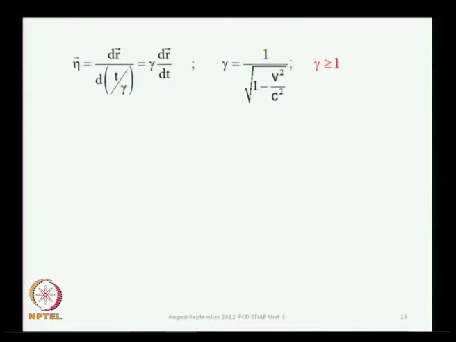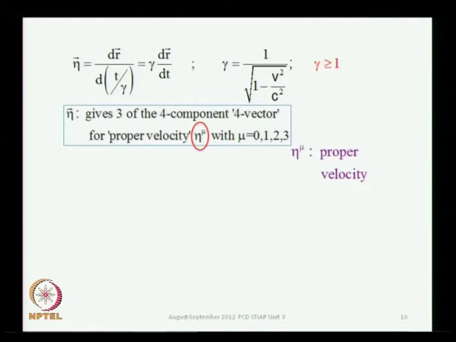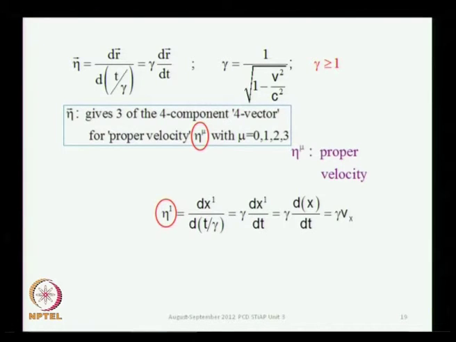So, this is our introduction to what we will call the proper velocity. This gives 3 of the 4 components, because an event is described by 4 components, you have got 4 vectors. So, velocity will also have 4 components, and the 4th component is the natural extension of this.